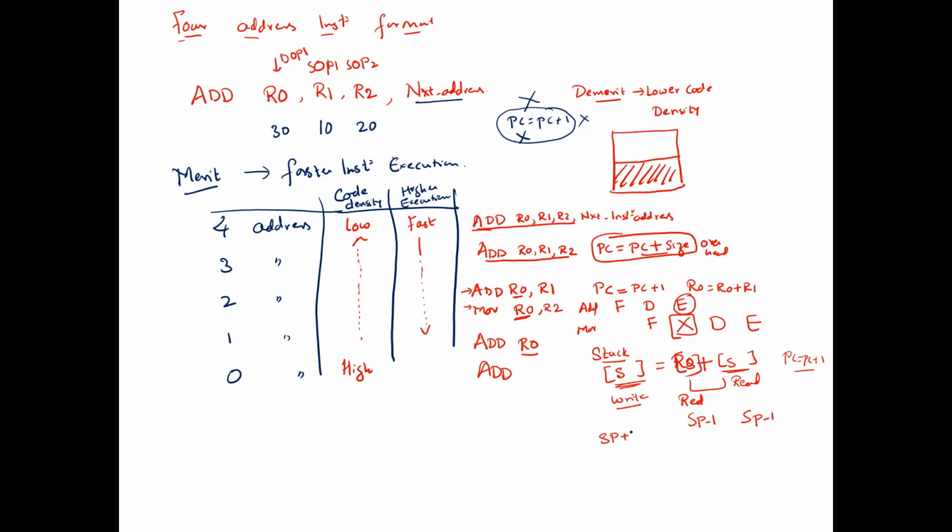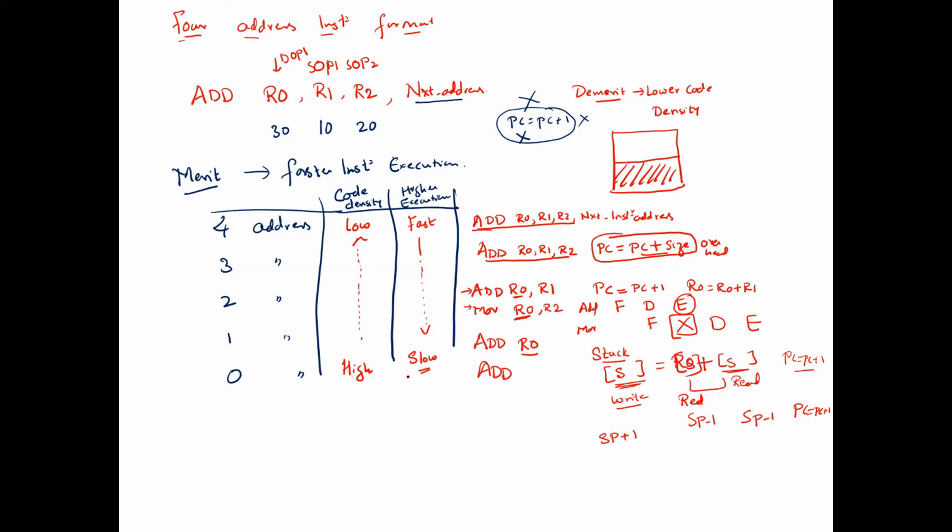Here the stack pointer is incremented by 1, right? In zero address instruction format, along with the overhead of generating the address of the next instruction. So therefore, zero address instructions are slower in nature. So this is all about the 4 address instruction format.